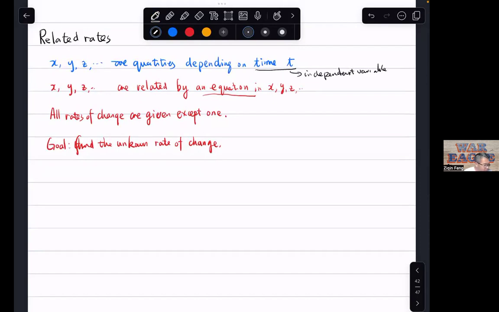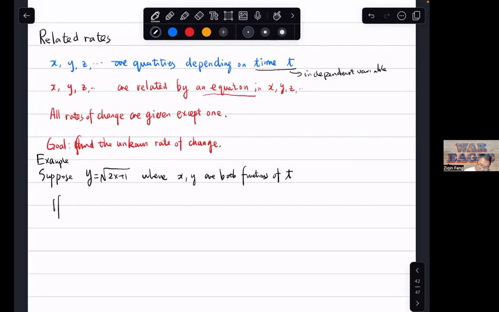So let's see an example. Suppose we are given two quantities, where y equals the square root of 2x plus 1. Suppose x and y are both functions of t.